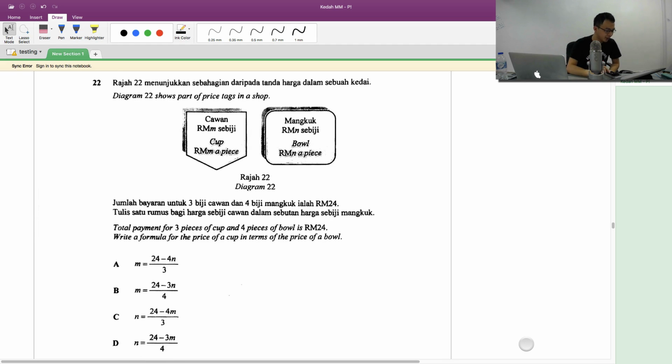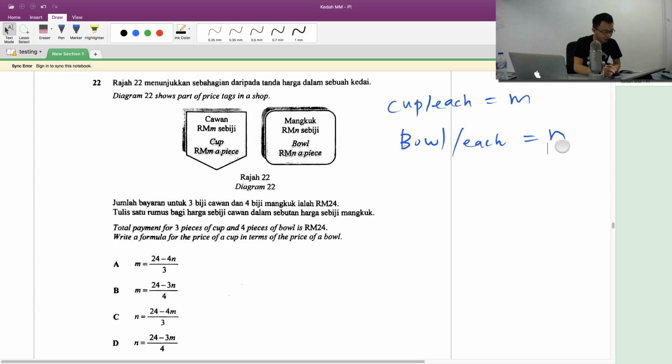Okay, diagram 22 shows part of the price tag in a shop. So for the cup, they're selling each cup at m. And for the bowl, each bowl, they're selling at n price.